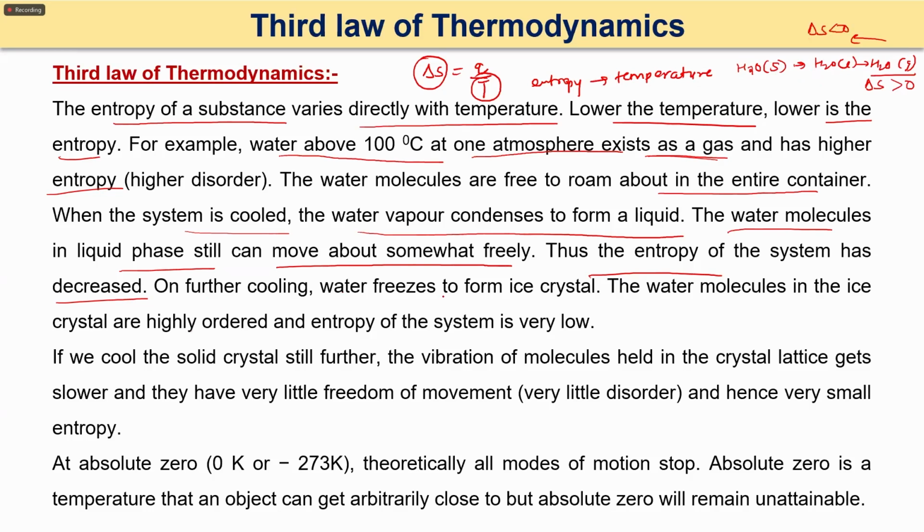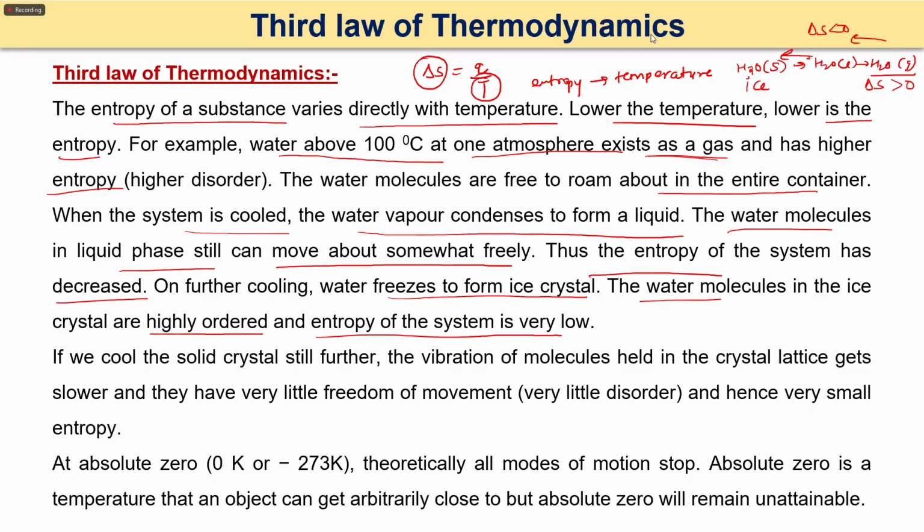On further cooling, water freezes to form ice crystals. That means if you go from here to here, it will form ice crystals. The water molecules in the ice crystal are highly ordered. If we cool the solid crystal still further, the vibration in the crystal lattice gets slower.